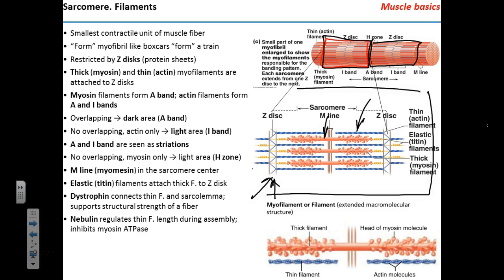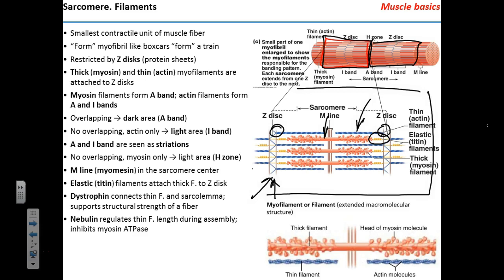Actin filaments are attached directly, while the myosin filaments are attached via the protein titin, which forms elastic filaments. So you can say the names of the filaments are pretty descriptive: thick, thin, elastic.